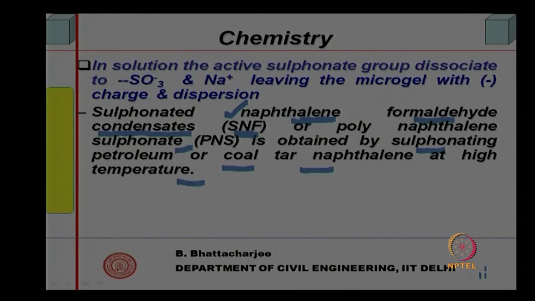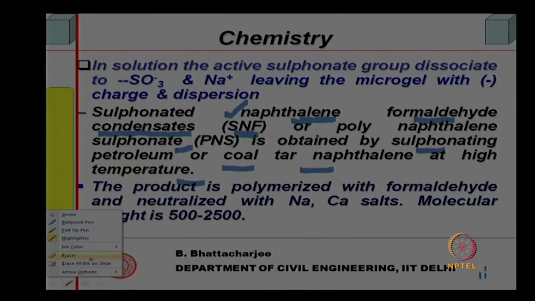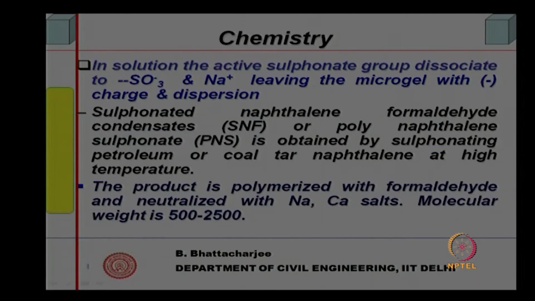So, you see this is also sulfonated in the same manner as the lignin, and this is done at high temperature. Naphthalene is sulfonated at high temperature to obtain this material. The product is then polymerized with formaldehyde and neutralized with sodium, calcium or some other metal, usually sodium and calcium salts, and molecular weight is small.